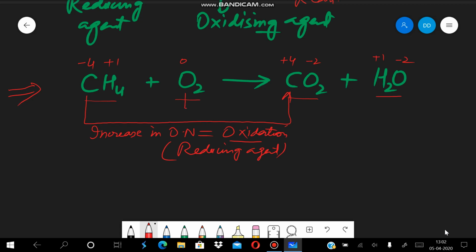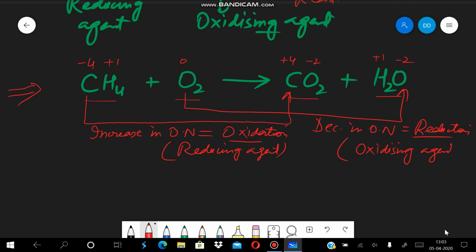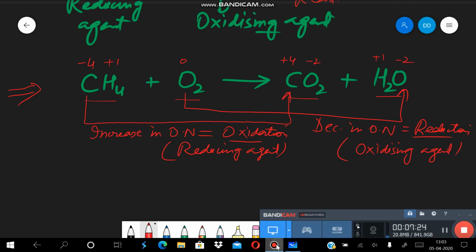Now, oxygen undergoes a decrease in oxidation number. Its oxidation number changes from 0 to -2. Decrease in oxidation number, it means it is undergoing reduction and is acting as the oxidizing agent.